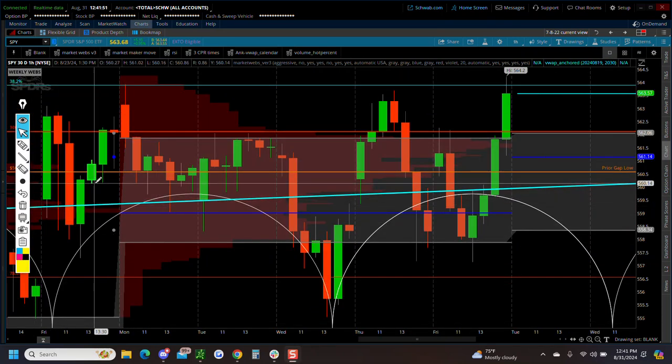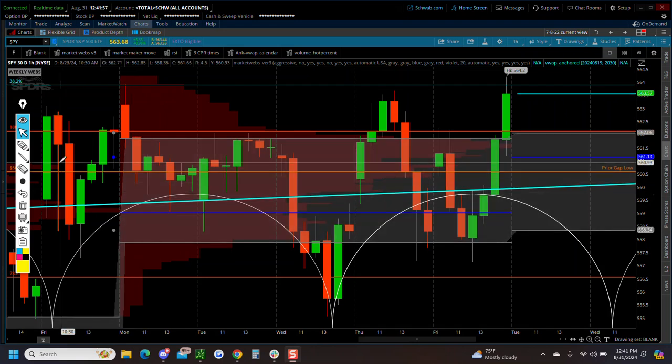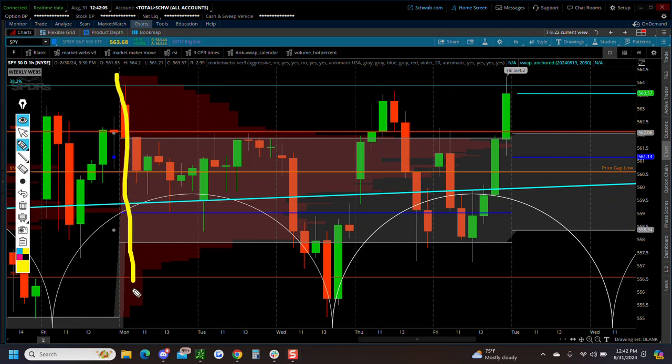So ideally, what you would want to be looking for to know that you're getting compression on a weekly time frame is a P on the weekly, a P volume profile.